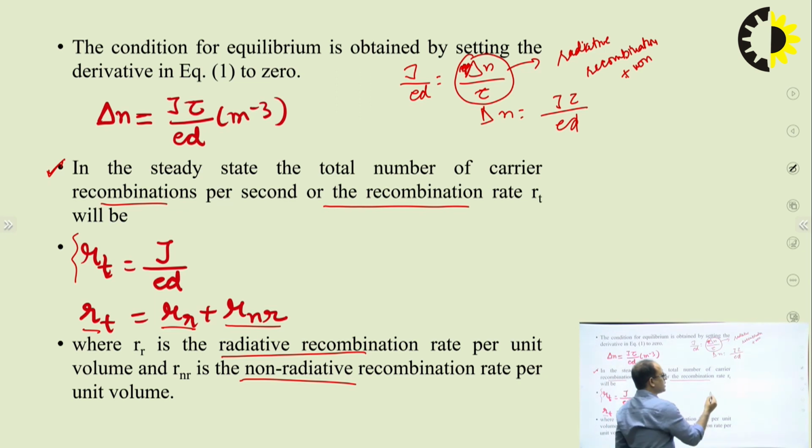Non-radiative means, if I say in P-N junctions, electrons and holes get recombined, there will be two cases.